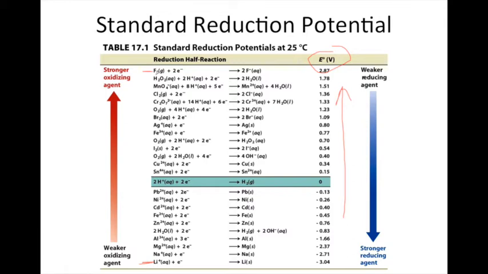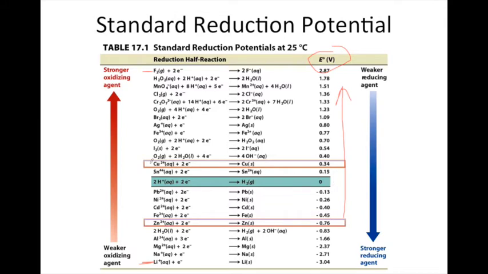So if you made a galvanic cell between fluorine and anything on this table, fluorine would be reduced and the other thing would be oxidized. If you made a galvanic cell between lithium and any other half reaction here, the lithium would be oxidized and the other half reaction would be reduced because it has a greater standard reduction potential than lithium. Now we saw copper and zinc.